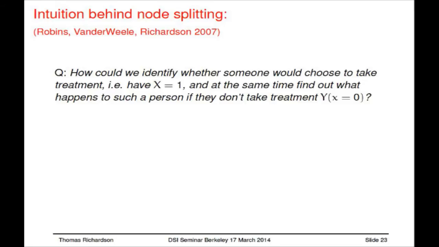How could we find out who are the people that would choose to take treatment, say, in an observational study, and at the same time find out what would happen to those people under placebo? Supposing that Jazz is very keen on this drug, and in an observational setting he's going to grab it at the first available opportunity, but we want to evaluate the effect of treatment on the treated, so we want to know what would happen to Jazz if he didn't take the drug.